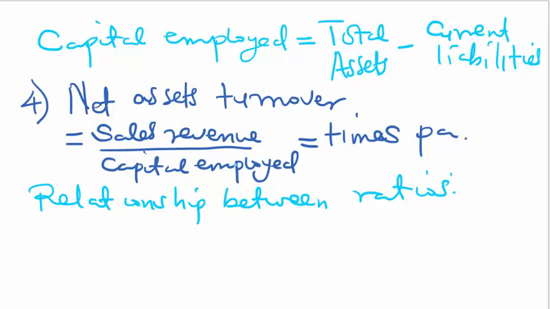So yes, we said net profit margin is equal to operating profit divided by sales revenue, right?